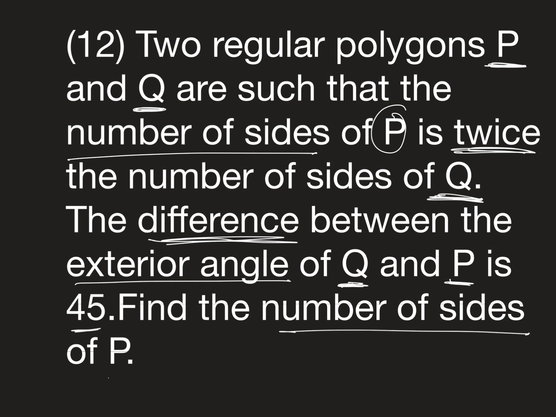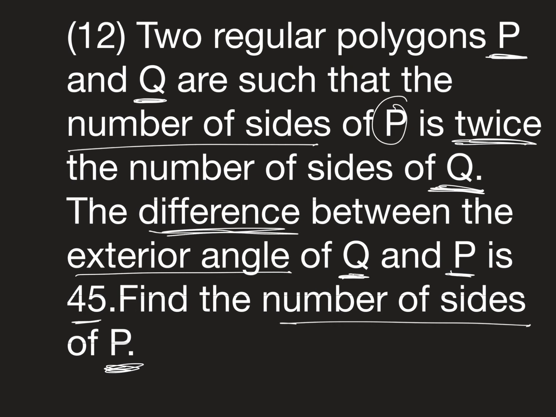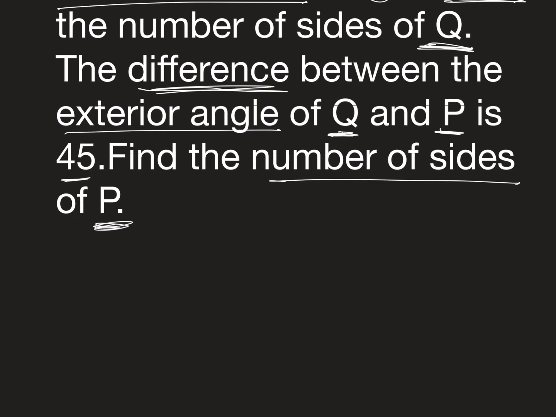Find the number of sides of P. Well, the question can look intimidating, but we will solve it stepwise. So we have two different polygons. They are regular. So let's call them polygon P and polygon Q.